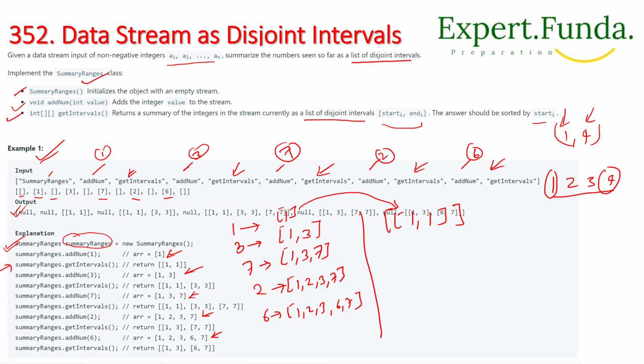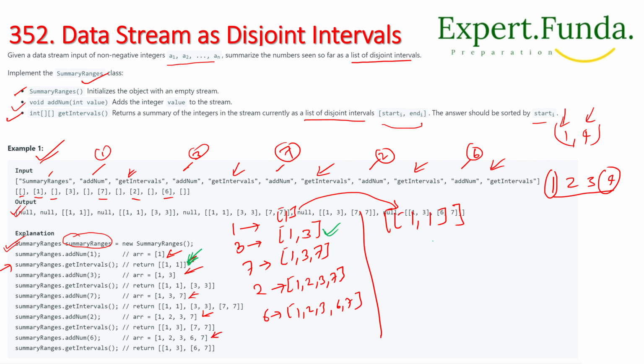So you can see here we are getting this interval. Let me change the color so you will understand. Next time when we have added 3 here, it looks like 1 and 3.